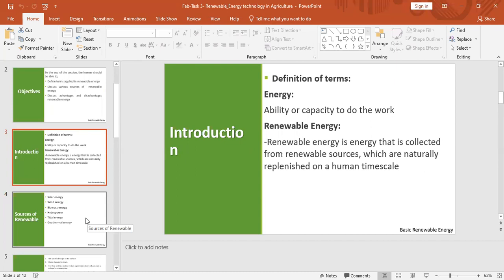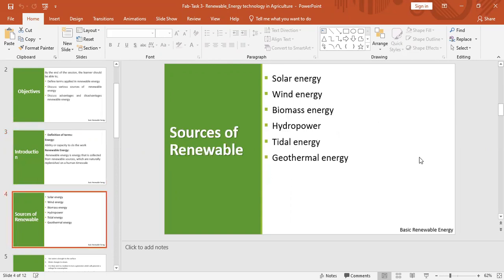We have the biomass. Wind power. Okay, thank you. We have around 6.